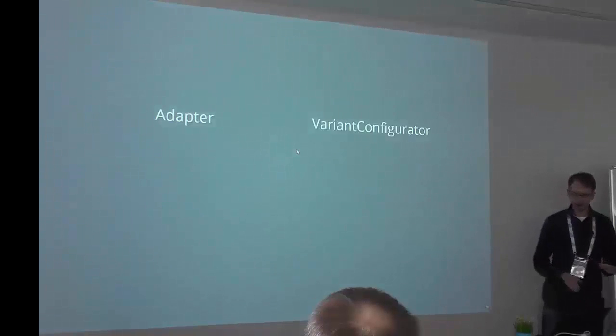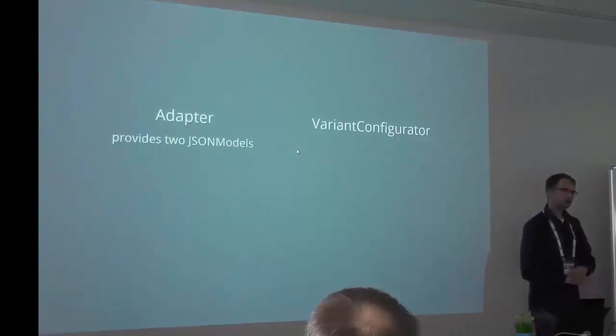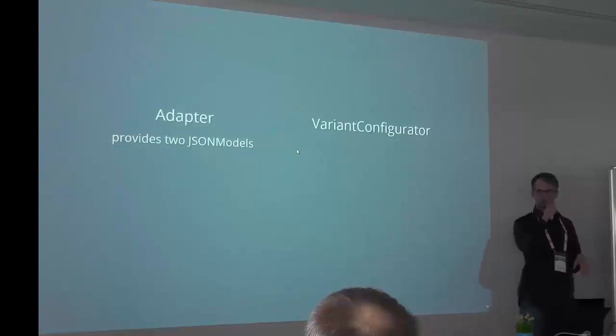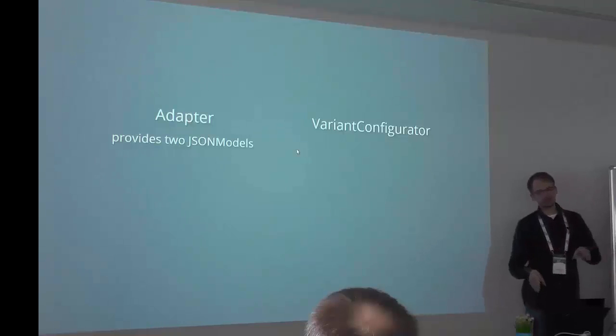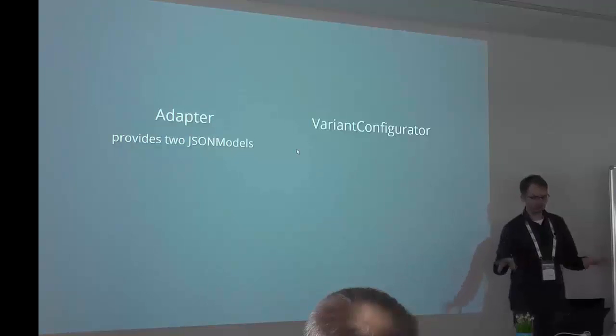So how does this work? The adapter provides two JSON models, and it basically calls the backend, gets the information, and splits it up into a constraint model and a metadata model.